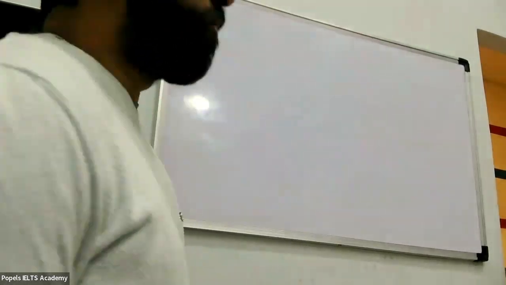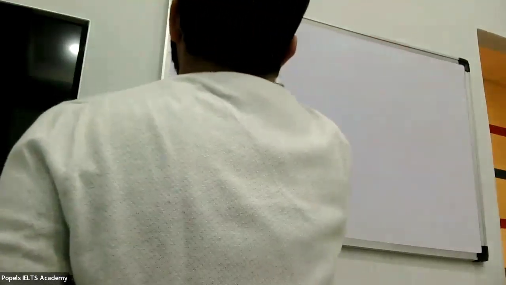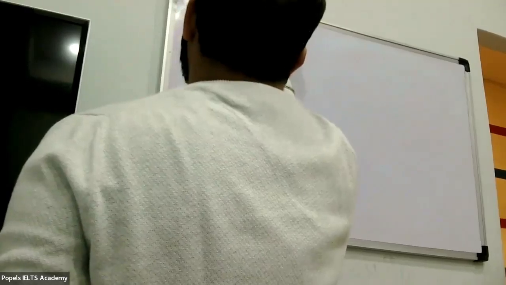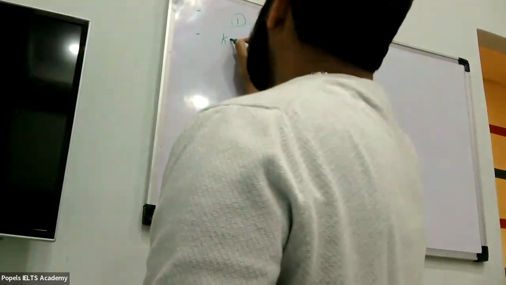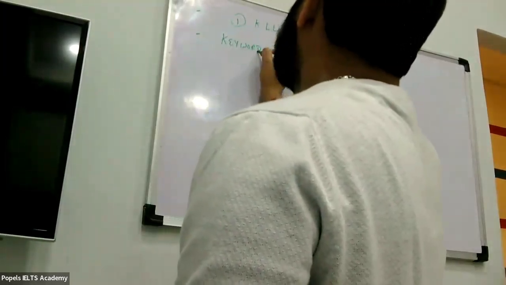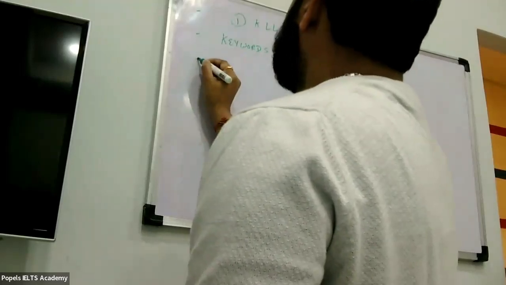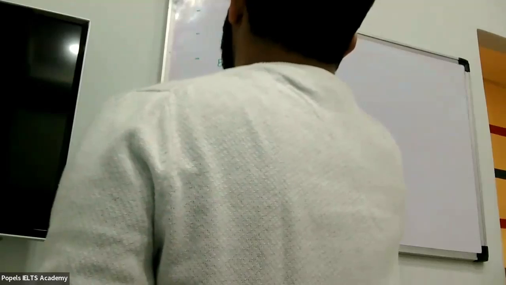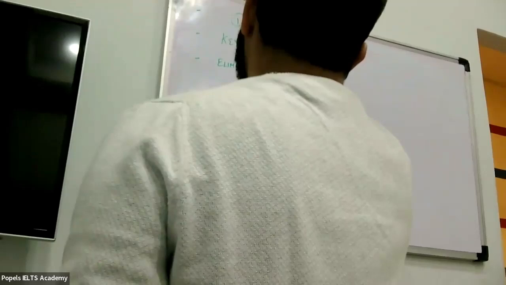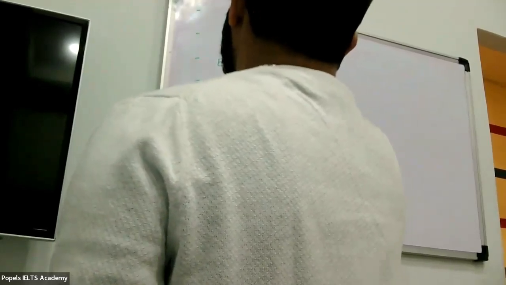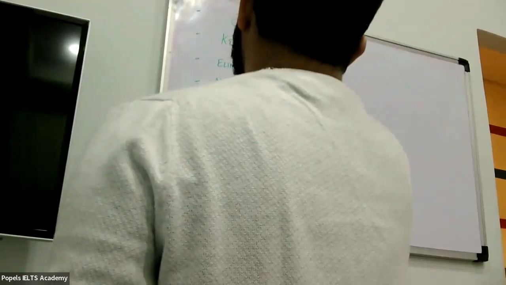Let's start one by one. First of all, first point, Simranji. First thing that we discussed is IKLL. Then after that, keywords marking. After that, elimination method. Remember as many keywords as possible. Mind mapping with keywords.